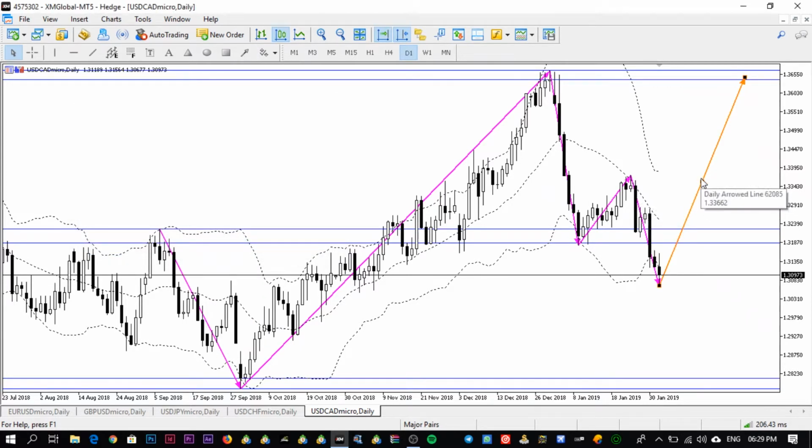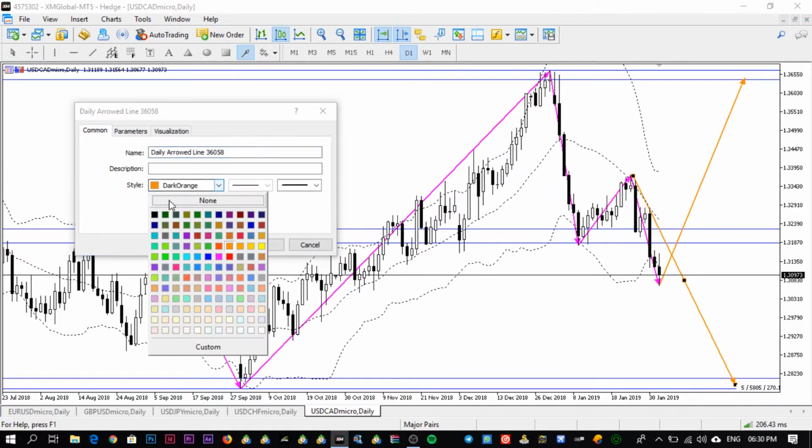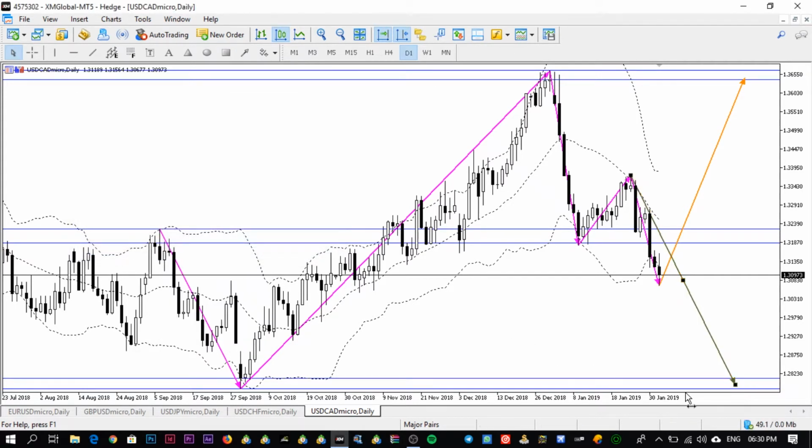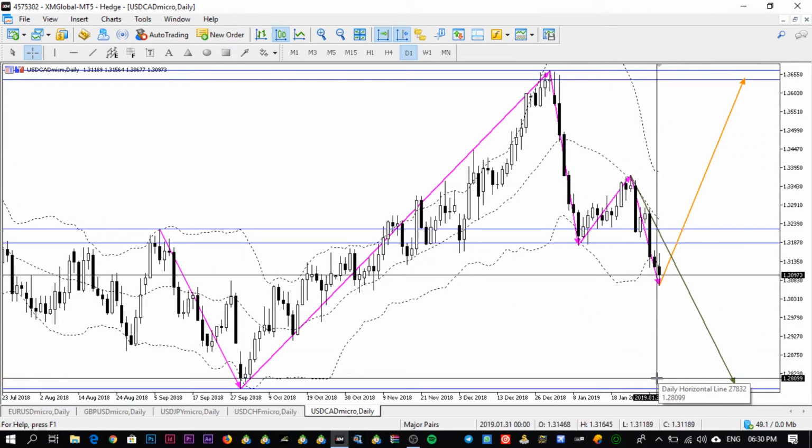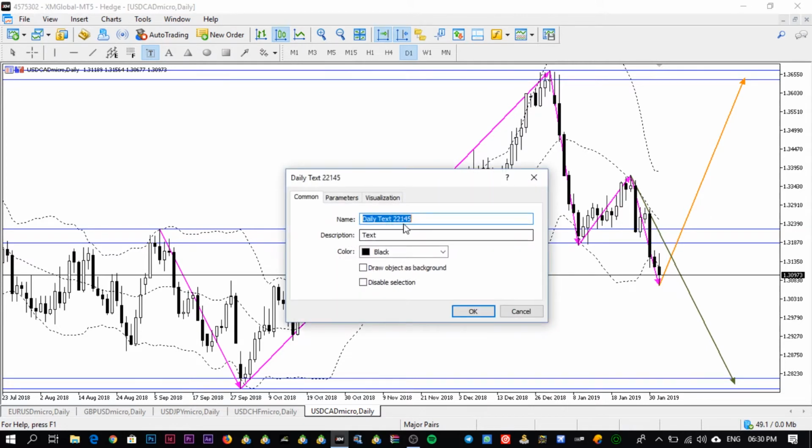So option A is that we are going to have a fake out and we can push for 1:2 risk reward ratio, or option B is that we can have a continued push towards the bottom and price could push to our old support zone, which is at 1.28099. So this is what I'm forecasting for this pair.